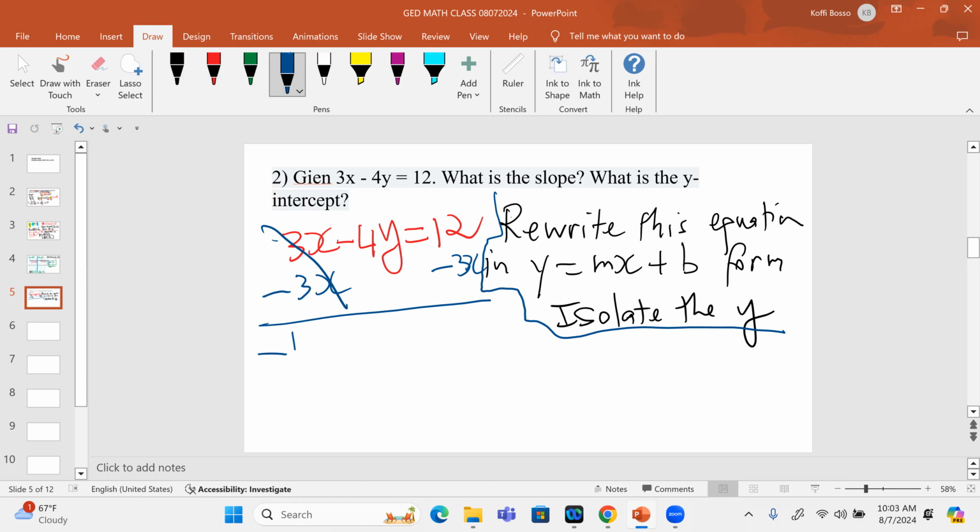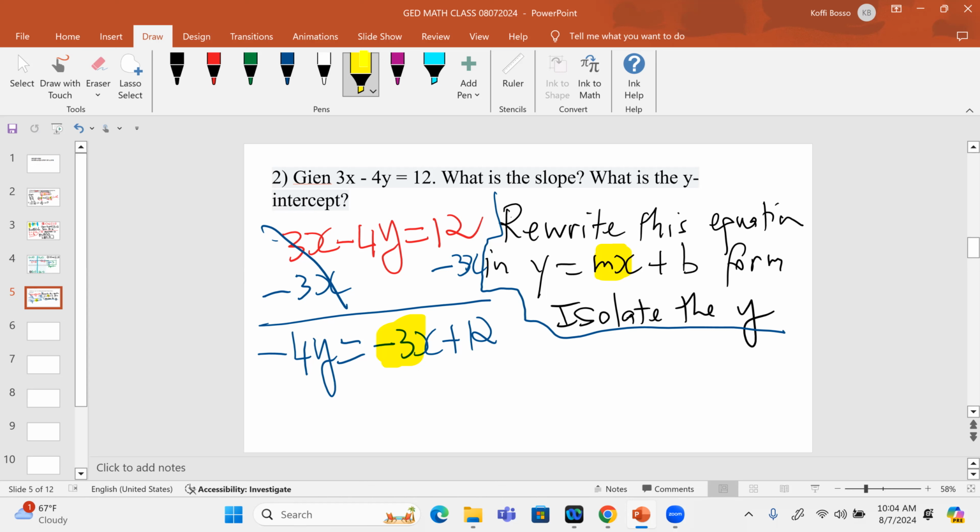We have negative 4y is equal to negative 3x plus 12. I write the negative 3x before the 12 because I need this form, something with x before something without x. So mx plus b. But it's the same thing if you write 12 minus 3x. But please don't do 12 minus 3 to say it's going to be 9. No, because they are not like terms.